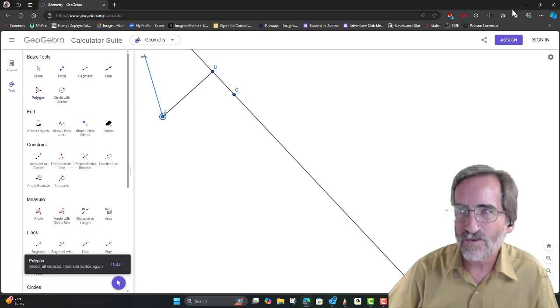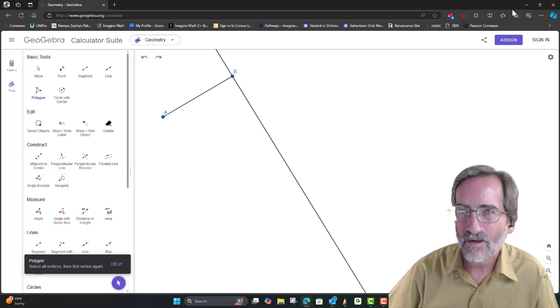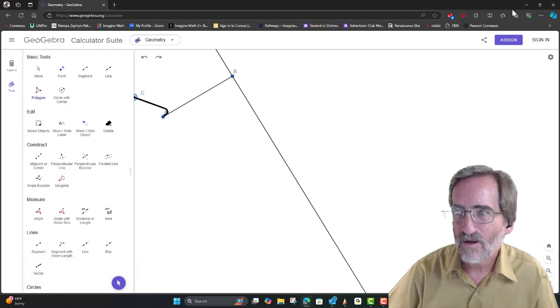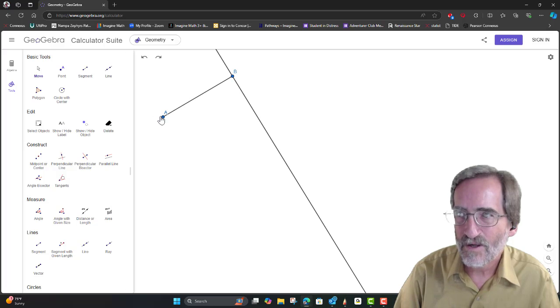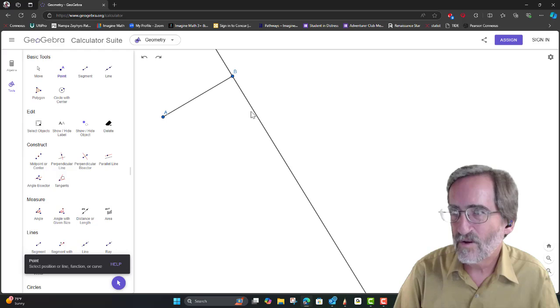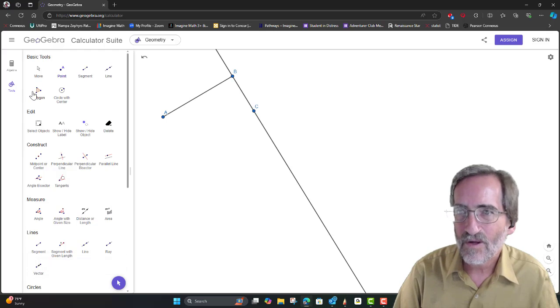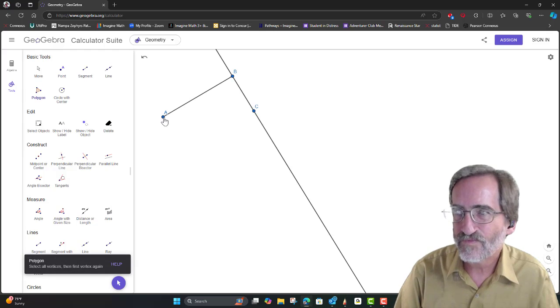Okay, polygon tool. Come on. Polygon. Oh, it's doing it again. Let me use the mouse. Okay, put a point on the perpendicular line. Use the polygon tool.